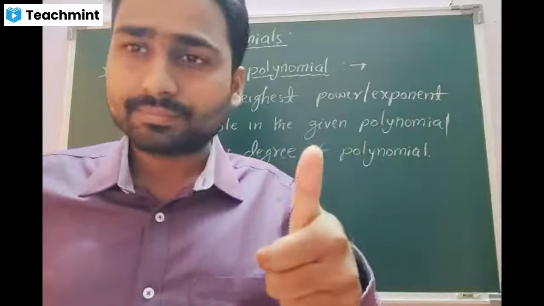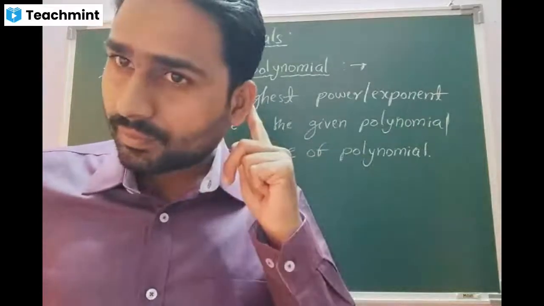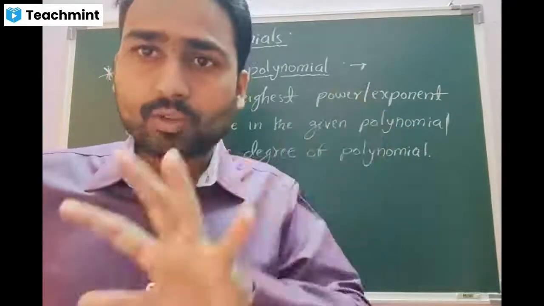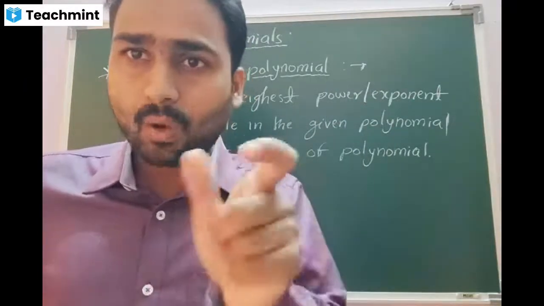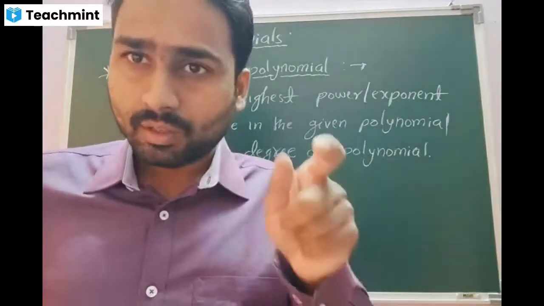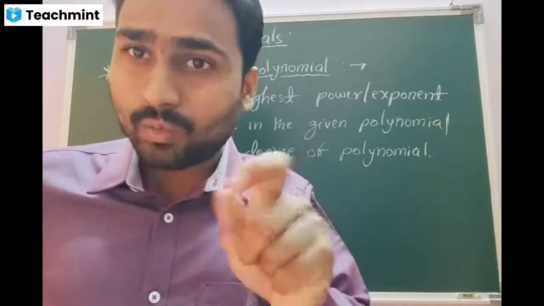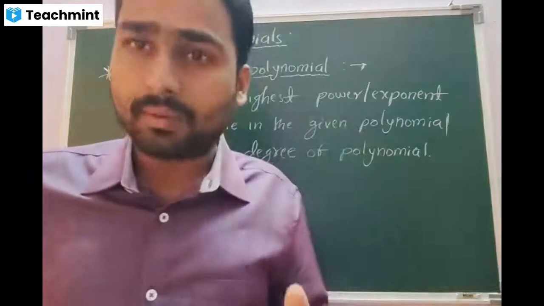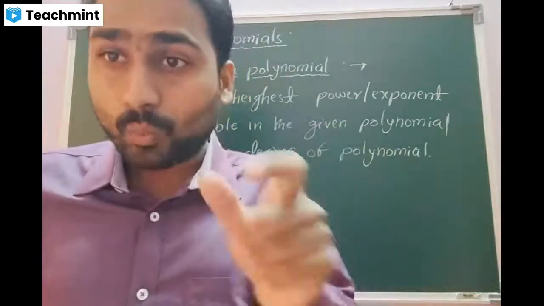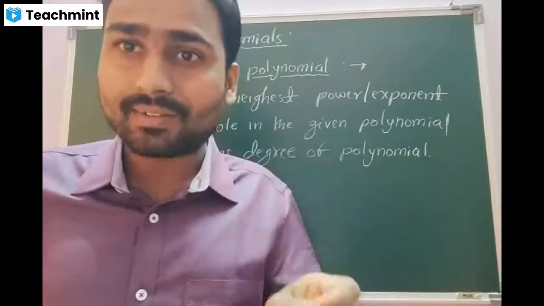Am I right? Yes, sir. Once you write the polynomial, you have to search all the variables and all the exponents. You have to mark the values of the exponents or the powers, which are the whole numbers. Out of that, which is highest has to be considered as the degree of a polynomial.